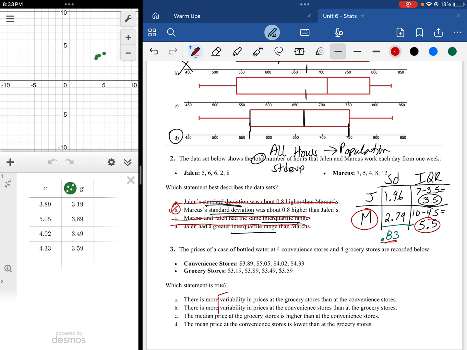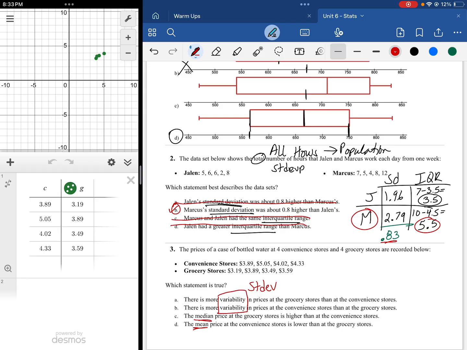This word variability might be confusing us, but think of it as how much the numbers differ, so it's almost like the standard deviation. Keep reading. The median price at the grocery store is higher than at the convenience store. The mean price is higher at the convenience store. The mean price is lower at the convenience store than the grocery store.